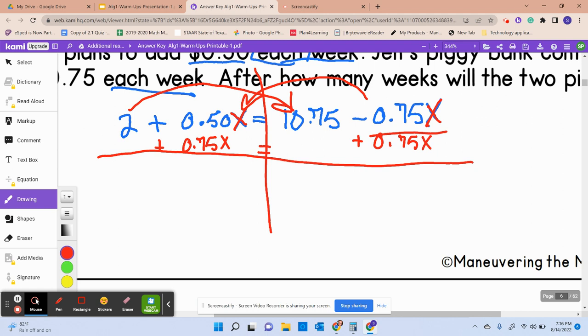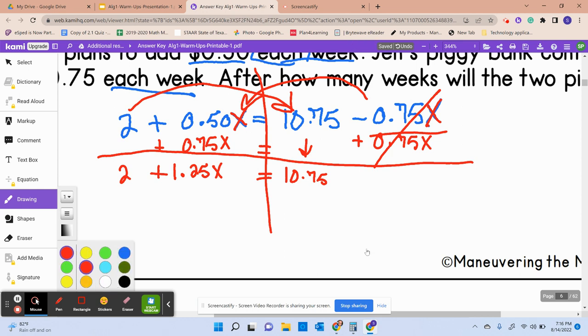So on the right side, that cancels out, and you're left with $10.75. And on the left side, we haven't done anything with the 2 yet, and 75 cents and 50 cents is equal to $1.25x. And don't forget your equal sign. We still have to move this 2 to the opposite side.